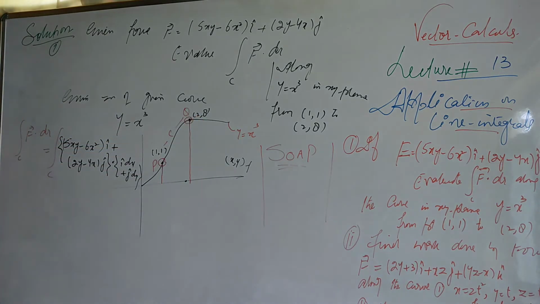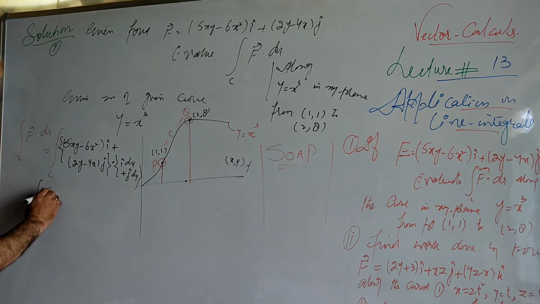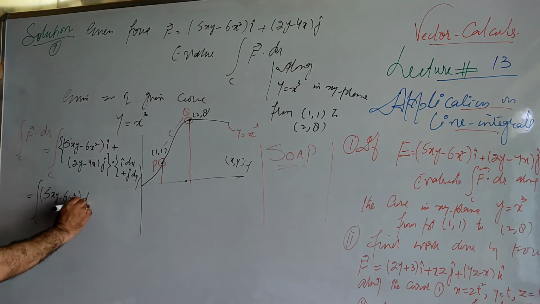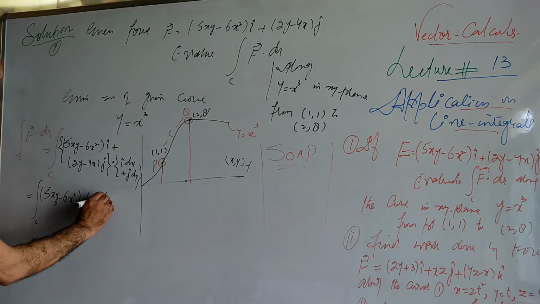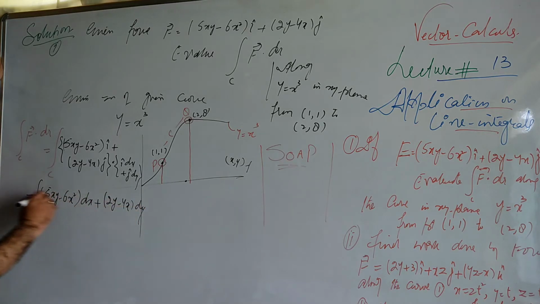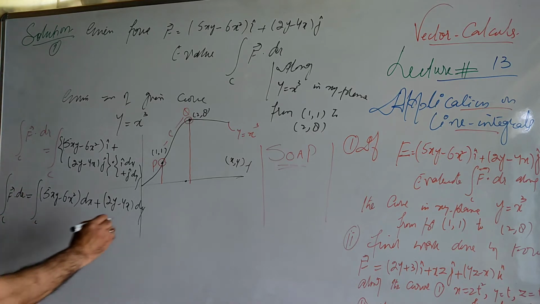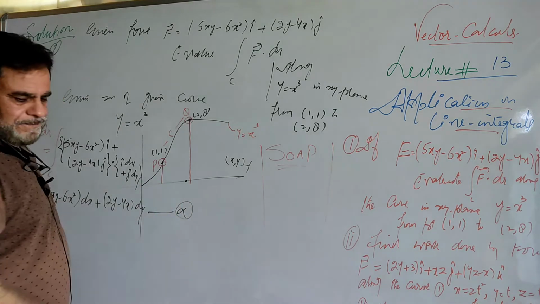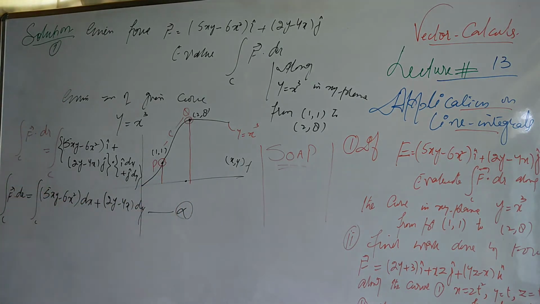Now this gives you the integral over C of (5xy minus 6x square) dx plus (2y minus 4x) dy. This is your integral over C of f dot dr. Now I will evaluate this integral.